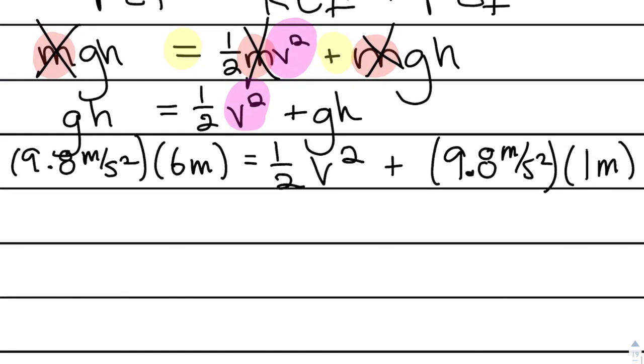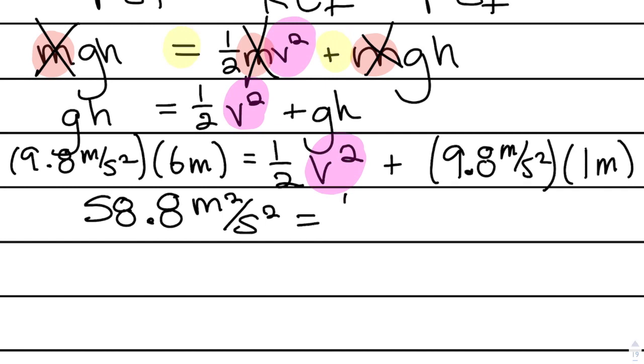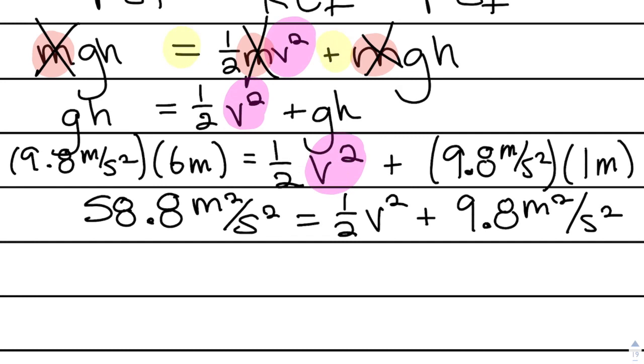All right, so I've got all my numbers in there, and I can go ahead and I can calculate, and I can actually find that velocity value. And so I'm going to say 9.8 times 6 is going to give me 58.8 meters squared over second squared, which is equal to 1/2 times velocity squared plus that 9.8 times 1 is going to give me 9.8 meters squared over second squared.